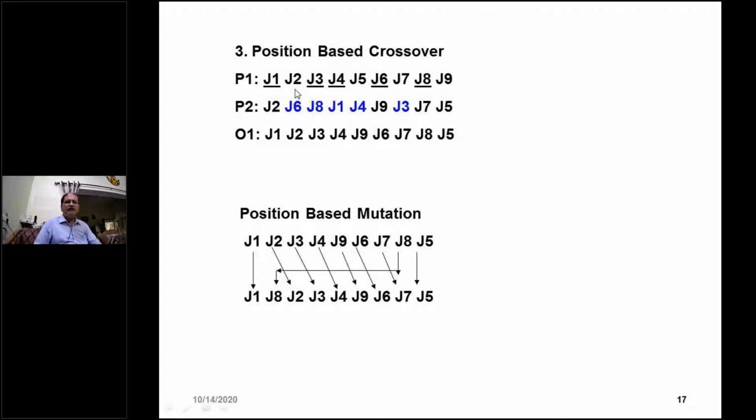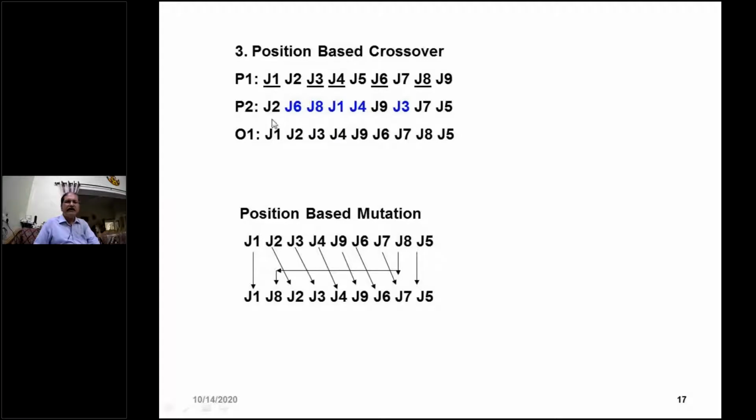Whatever have been selected here, their position is not going to be changed, that we have underlined. That has to be removed from the second parent, or these are to be highlighted in the second parent. So what will be happening?